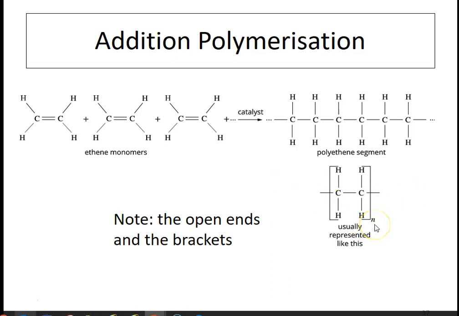And then you say n. We've got a certain number of our monomers. So this is a way of representing a section of a polymer. And then you would get a mark for the open brackets. Okay.